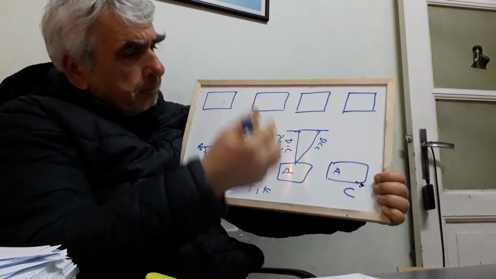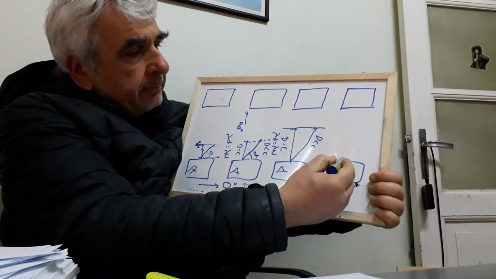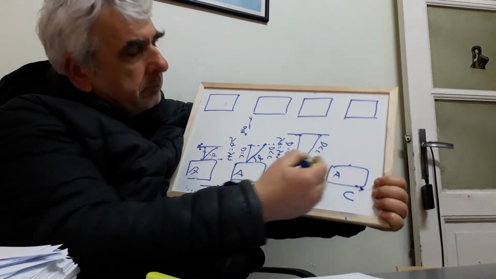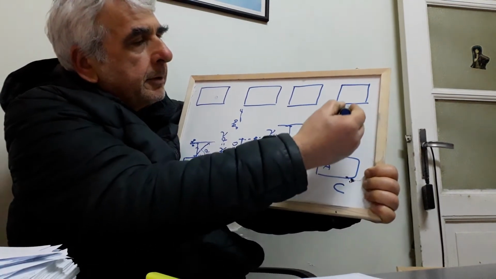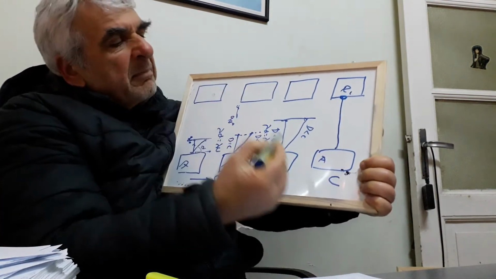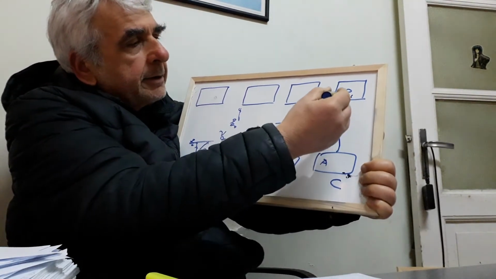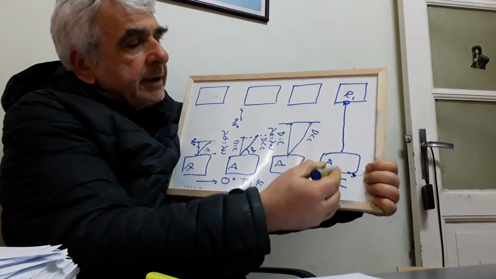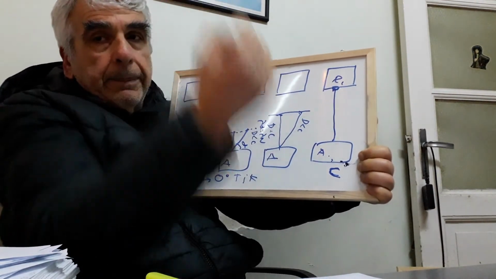Lastly, this is the reflector. Just at the moment when light arrives here, A arrives at the C position at the same time.